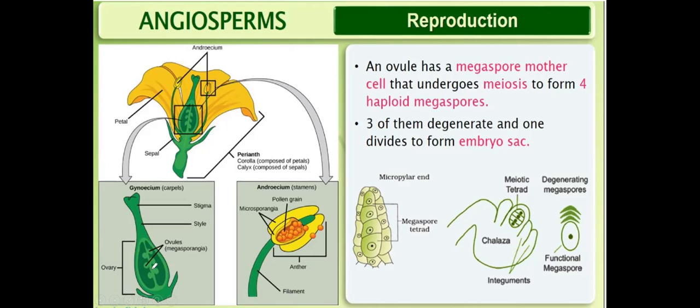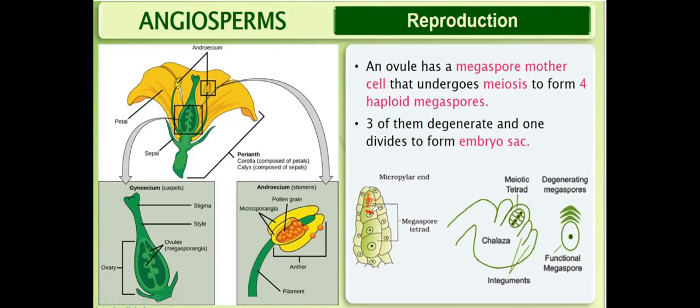So in the ovule there is a megaspore mother cell. This megaspore mother cell divides and produces 4 haploid megaspores: 1, 2, 3, 4. Three of them degenerate and one divides to form what? Embryo sac.